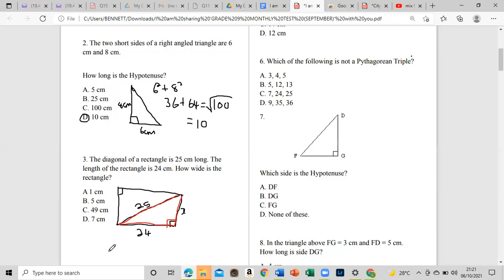So it's 25 square minus 24 square. Because it's the hypotenuse, we subtract. So that gives us 625. 25 square is 625. 24 square is 576.